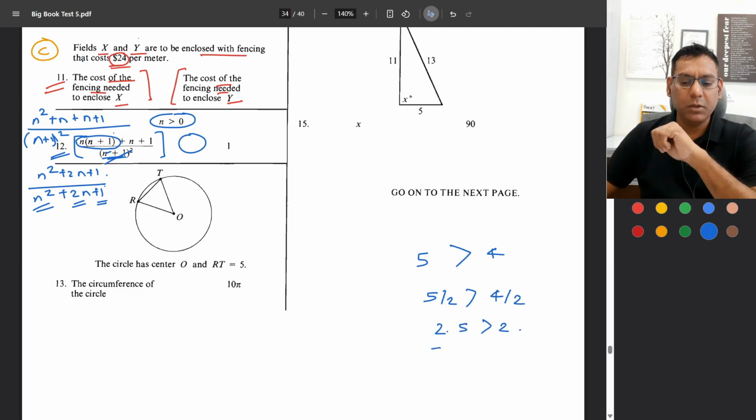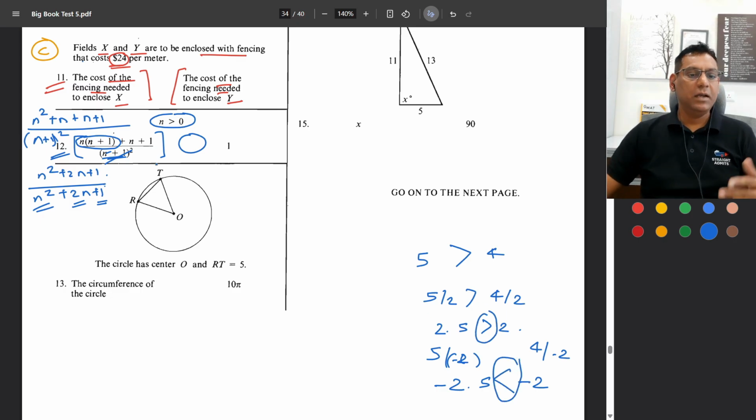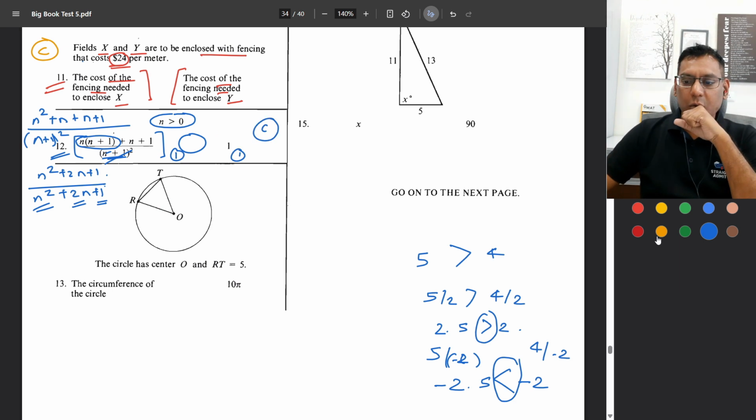But if I do 5 by minus 2 and 4 by minus 2, the answers change, I'll get minus 2.5 and minus 2, and the comparison sign changes, right? Here it's not going to change because these are all positive numbers, so it is essentially going to remain the same. So what do I have here? I have 1 here and 1 here. Answer choice C. Straightforward.